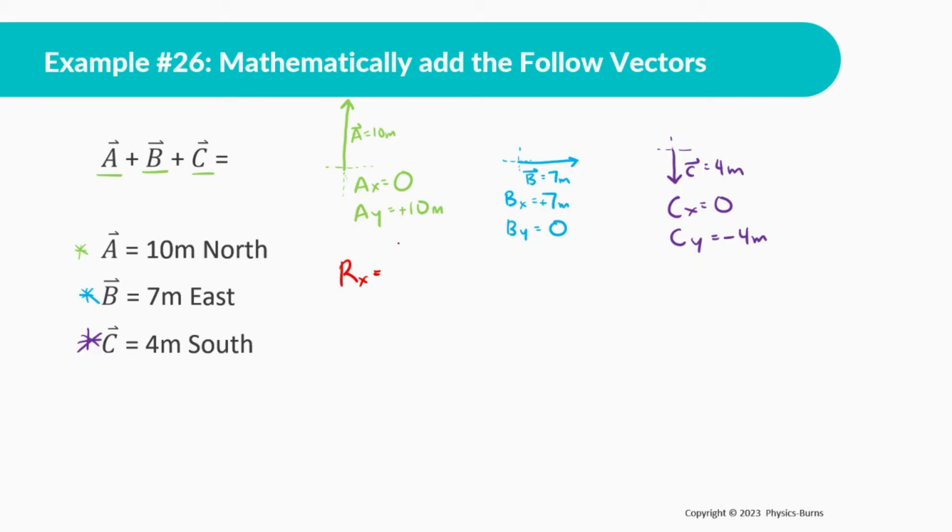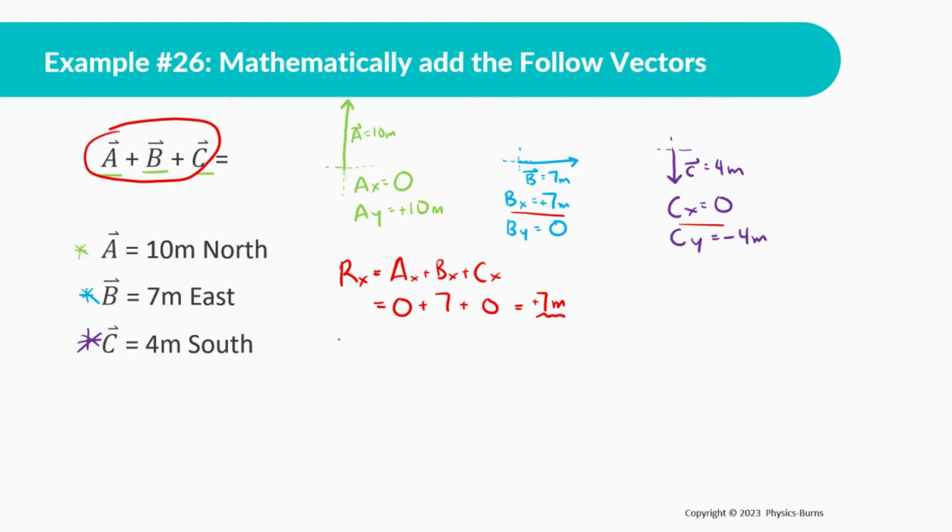In this case, we have 3 vectors, A plus B plus C. So I'm going to do A sub x plus B sub x plus C sub x. If we had more vectors, we could just add more to it. This is equal to A sub x, which is 0, plus B sub x, which is 7, plus C sub x, which is 0. So we get positive 7 meters.